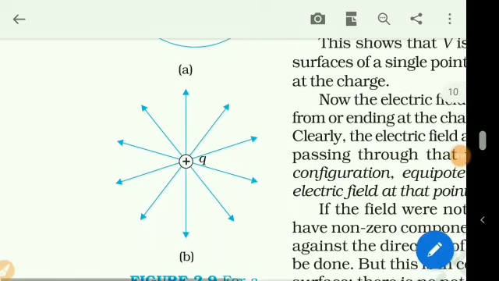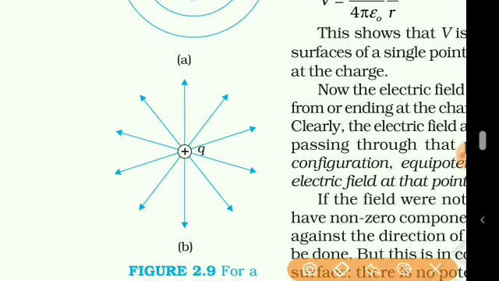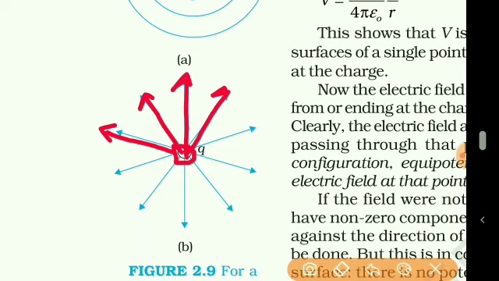Also, for a single charge, we know that the electric field is radial, coming outward, and at any distance from the charge q, we get the equipotential surface.